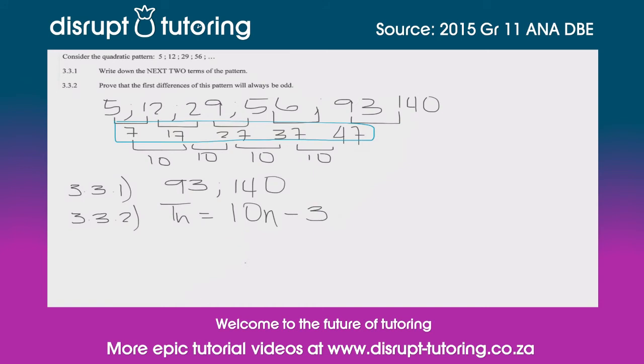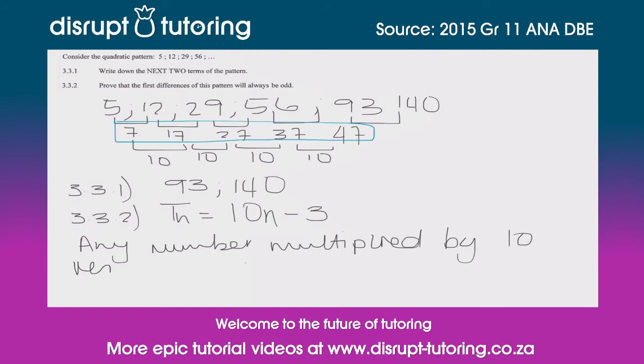We're going to write it out in words. I know it's weird because we don't typically write things out in maths, but here we are going to. So you're going to say any number multiplied by 10 results in an even number. Okay, so that's one point.